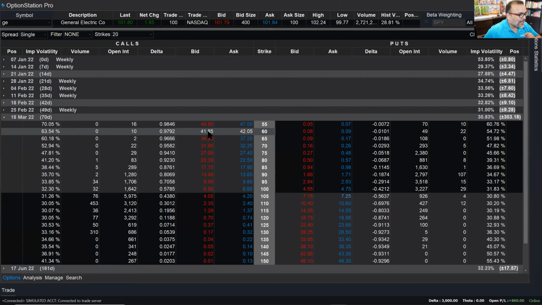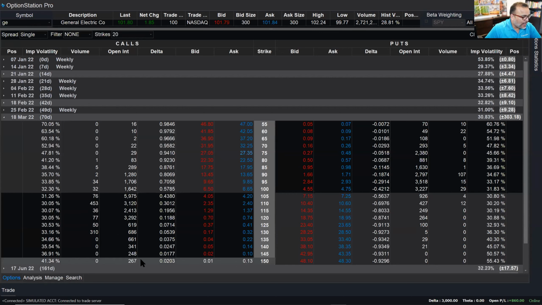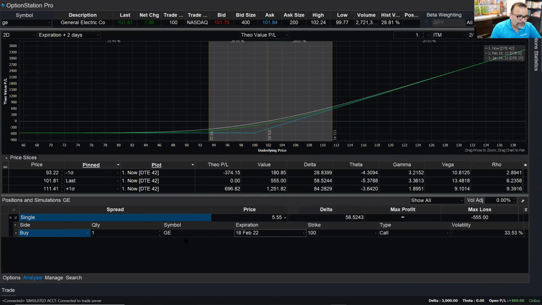Okay, let's go ahead and take a look at other things. So it's important that we bring in whatever it is that we're trying to look at. It's important that we bring in that option into the analysis tab, because it'll clear up the idea of whether we want to use that or not.